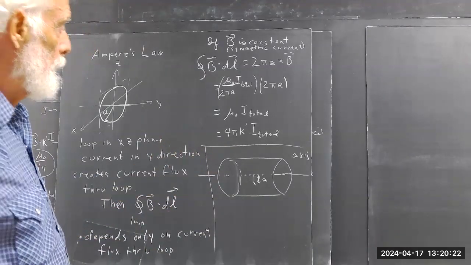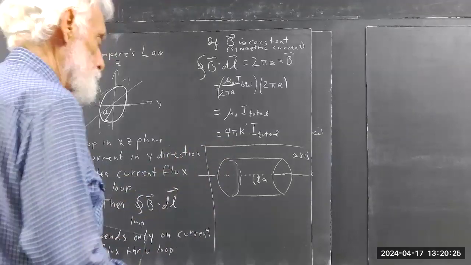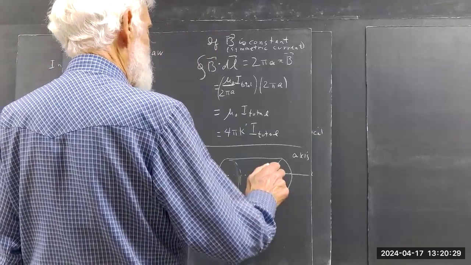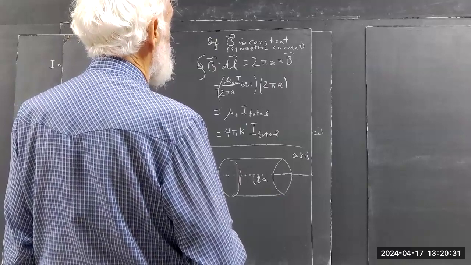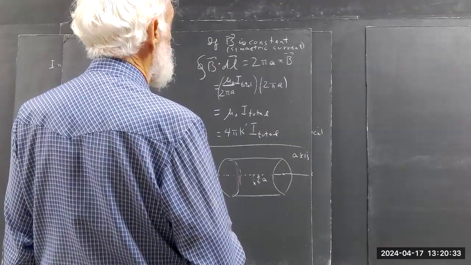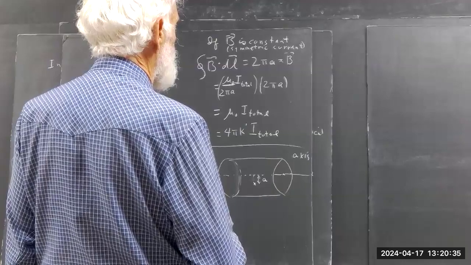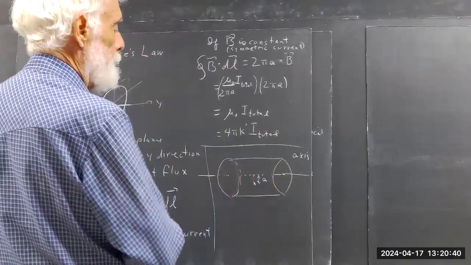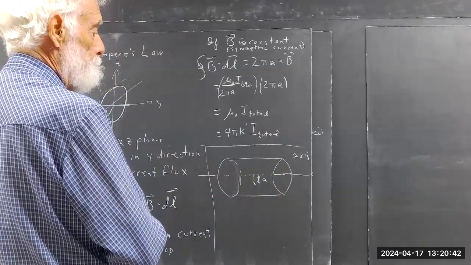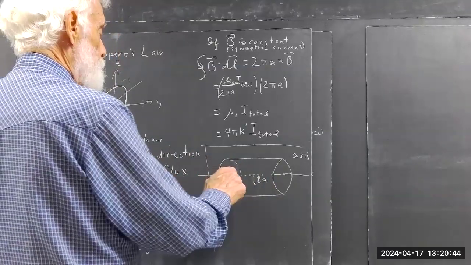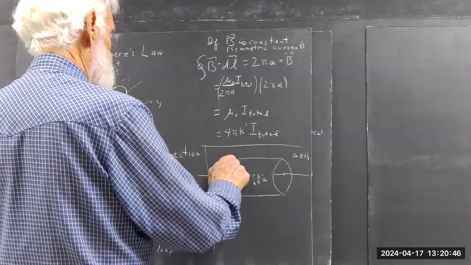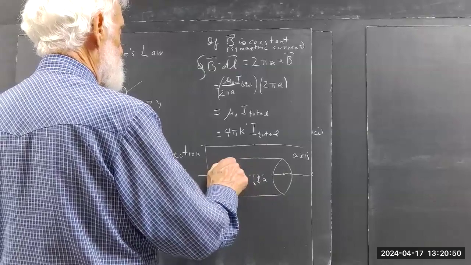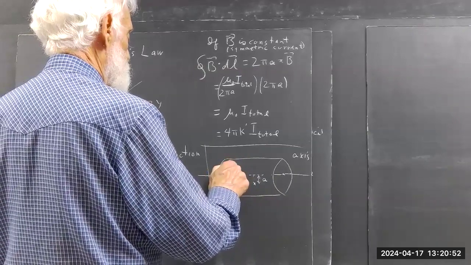How can you figure that out? Well, first of all, you've got a current. I can use r, or I can use a. Not sure what to use for the radius of this big cylinder, so I'm going to use big R. I'll probably regret it.